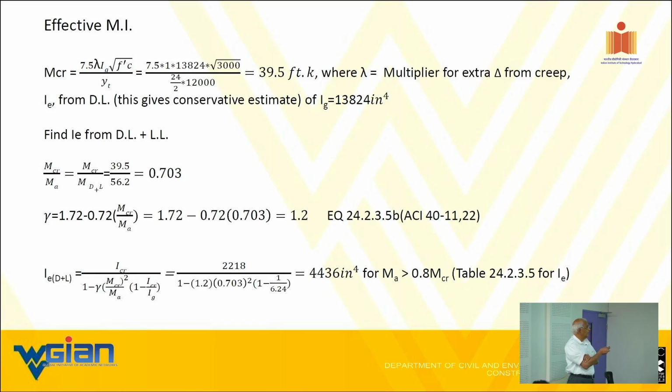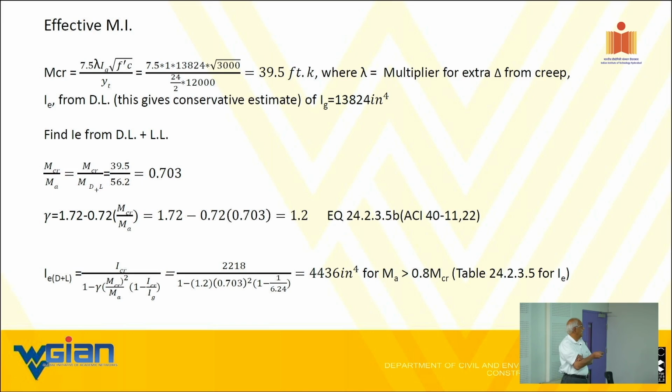So M cracking is F times I divided by C. That's exactly what that is. F, that is 7.5 times square root of F prime C, times I divided by C. And lambda is the factor, in this particular case we're taking lambda as 1. But now the question is, IG is all right, that's a general term, but now we have to worry about whether it is IE or I cracking or IG, that is the question.